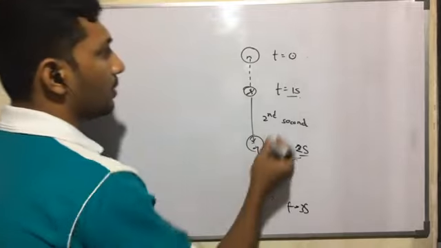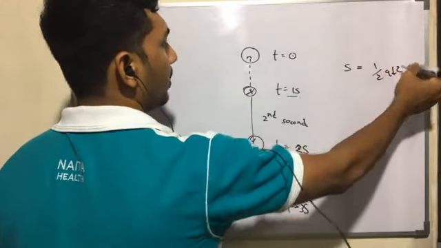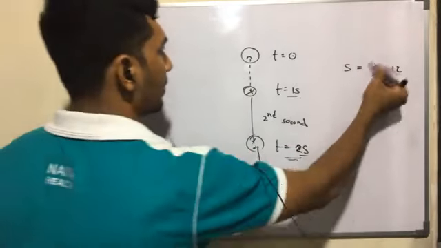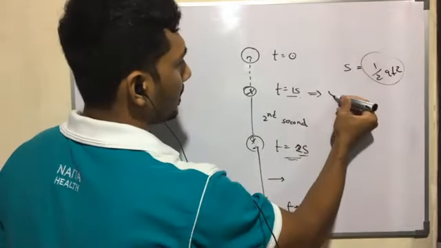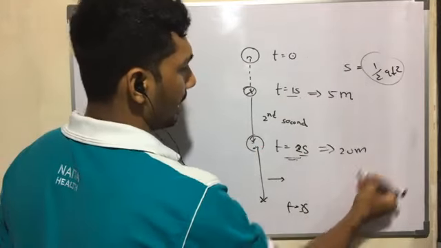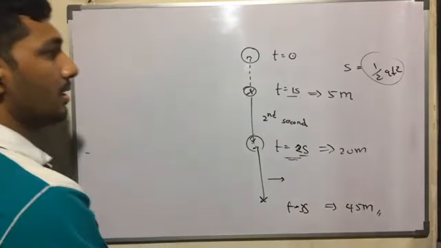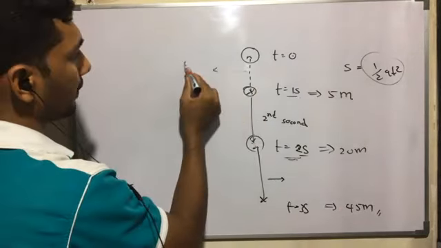If you use s is equal to ut plus half at squared, ut is 0 since it is from rest. So with half at squared, at the end of the first second it will be 5 meters. At the end of the second it will be 20 meters. At the end of the third it will be 45 meters. So this difference is 5.